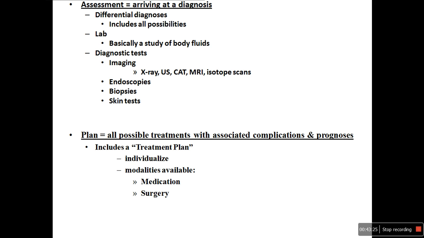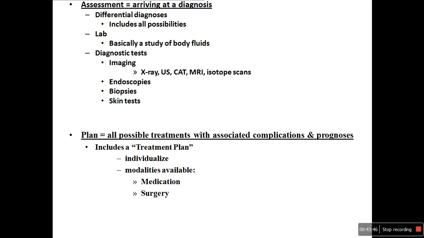Differential diagnosis. Lab, basically a study of the body fluids. Diagnostic tests. What are the diagnostic tests?